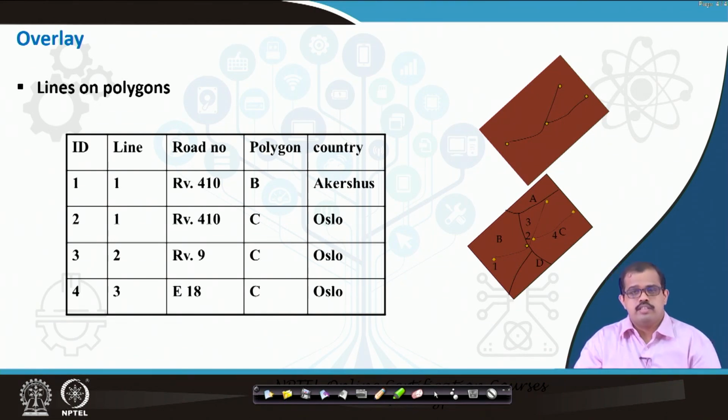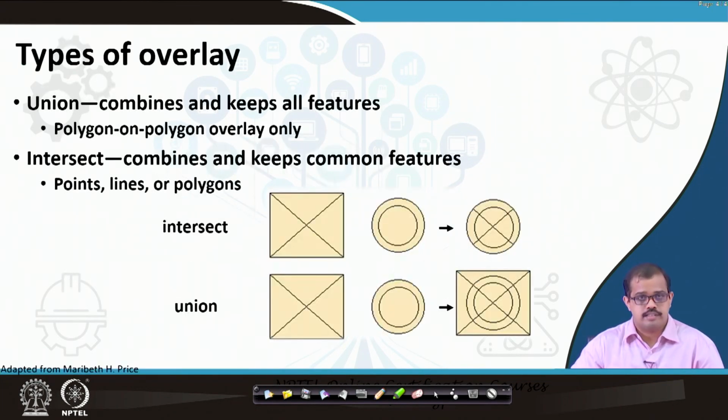Once you put these lines on those polygons, I can find out where the road is going, what effect it may have once the road is built, what the size of the road is, and if there is an extension, what may happen in the future. Such kind of analysis can be done when you overlay lines on polygons. That is a different way of thinking about the usage of overlay analysis.